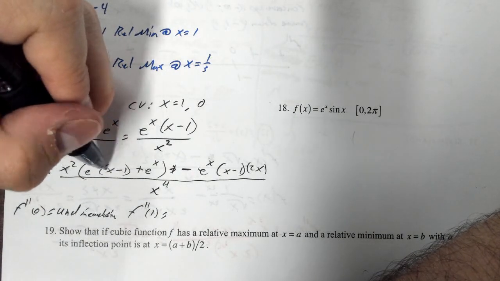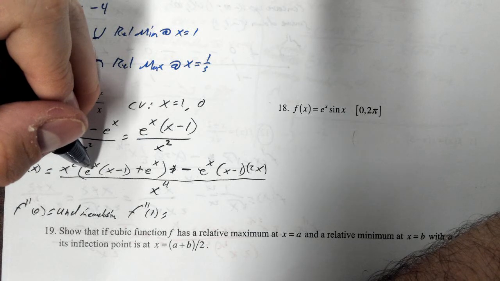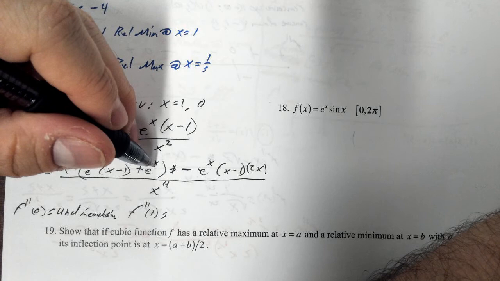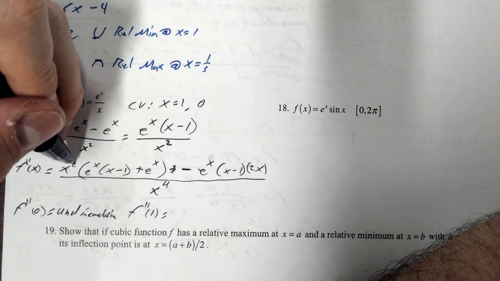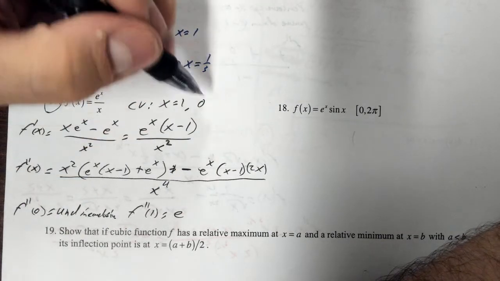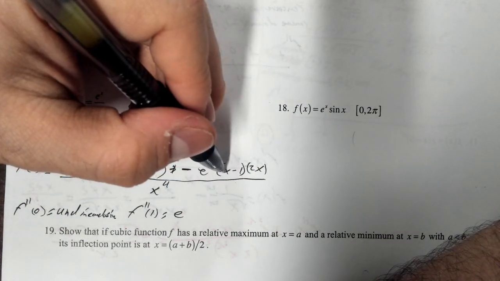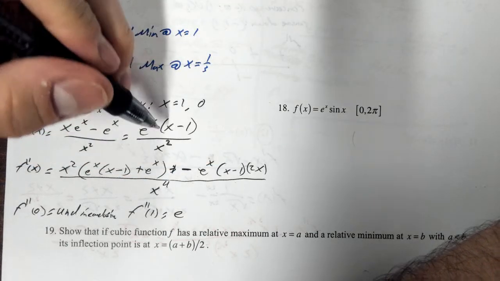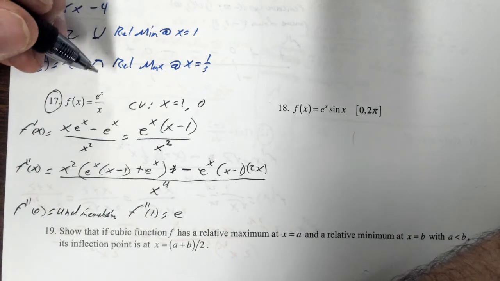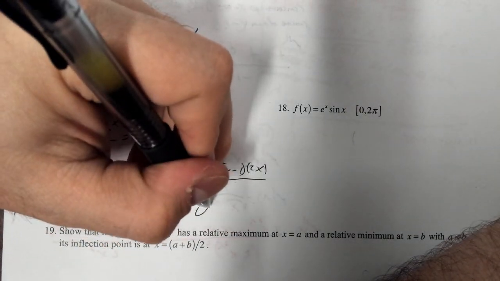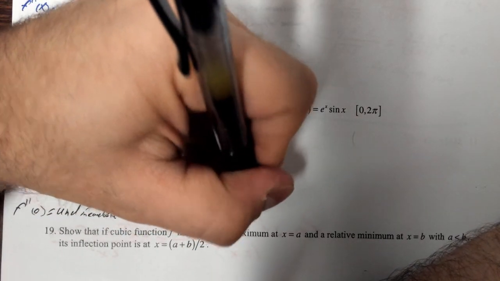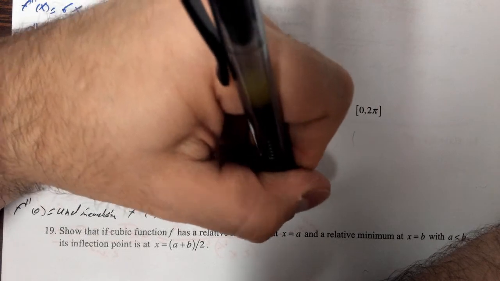Well, 1 minus 1 is 0, so that term goes away. e to the 1 is e, 1 squared is 1, so we'd have e. Then over here, with 1 right there, that'd just be 0. 1 to the 4th. Okay, so f double prime of 1 is e, which is a positive number, so we are concave up. And so it will be a minimum. We have a relative minimum at x equals 1.